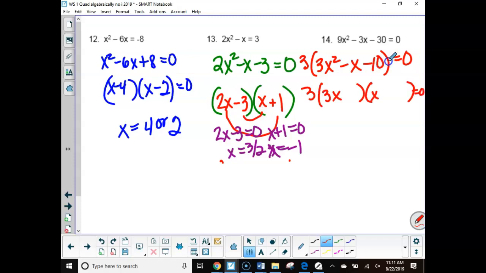Okay, what are factors of 10 you want to try? Okay, if I try it in that order, in the middle here, I have 5 times x, and on the outside, 3x and 2.